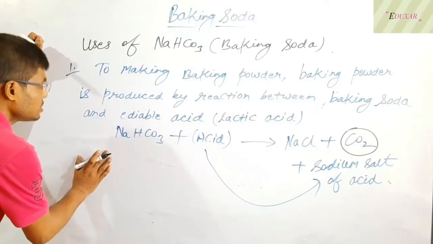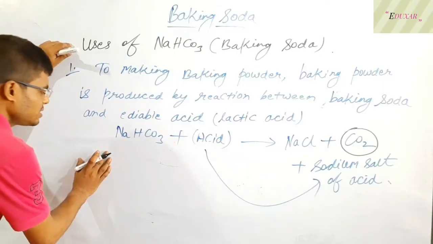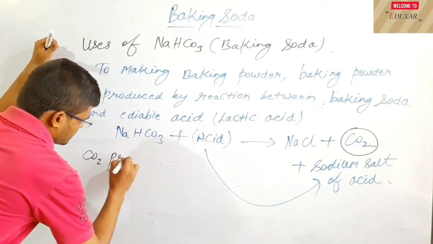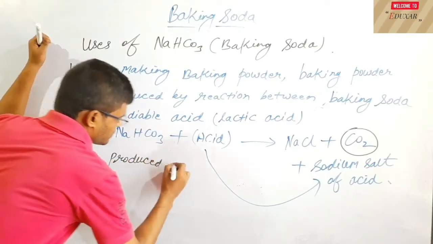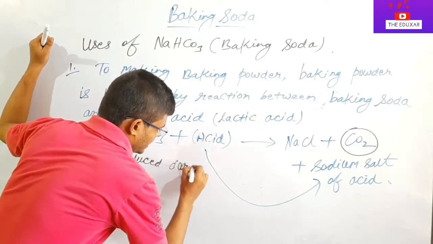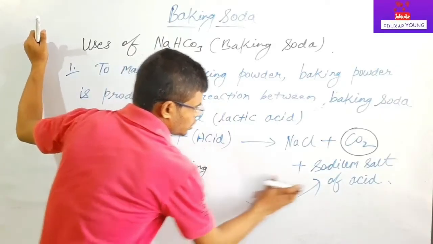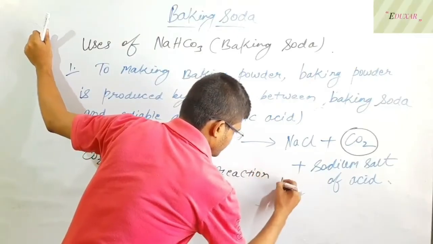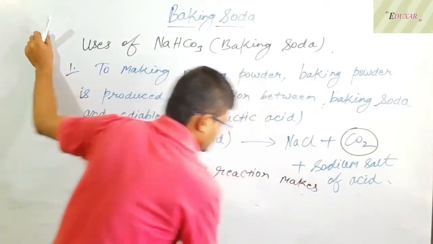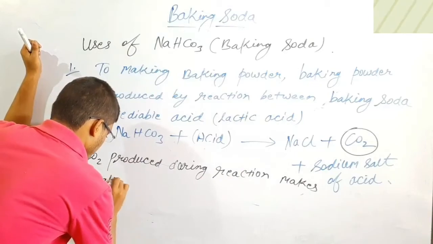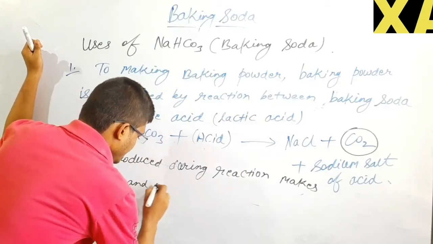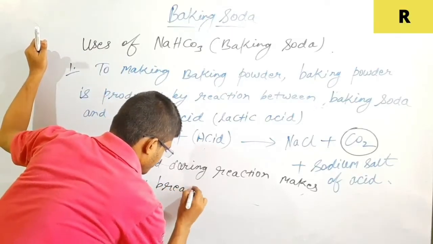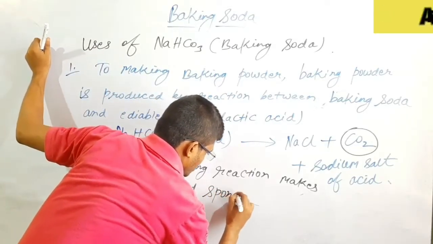This is the basic use which is generally asked in the exam: CO2 produced during reaction makes cake and bread spongy.